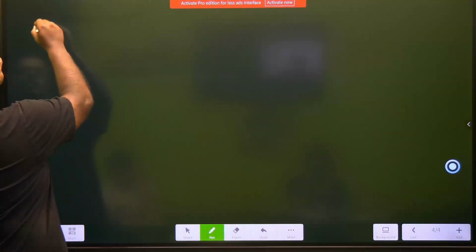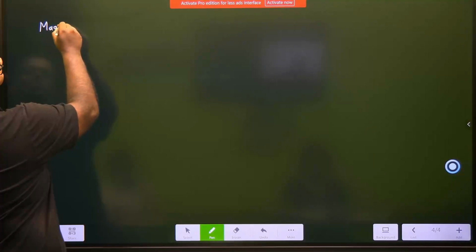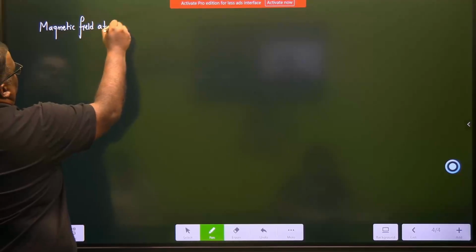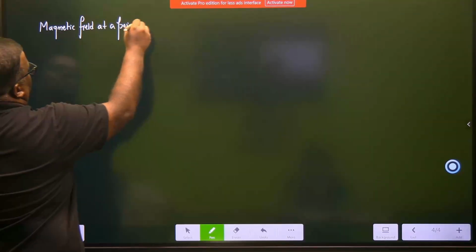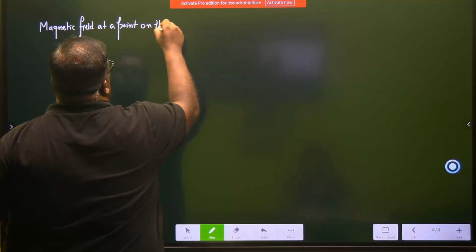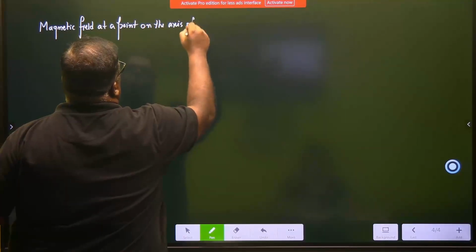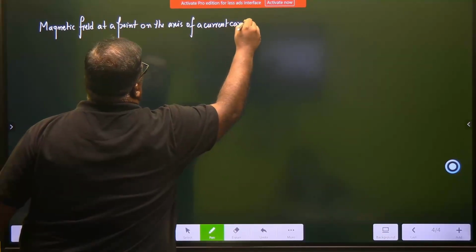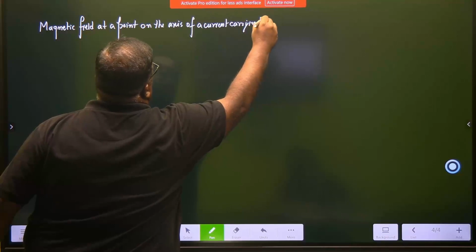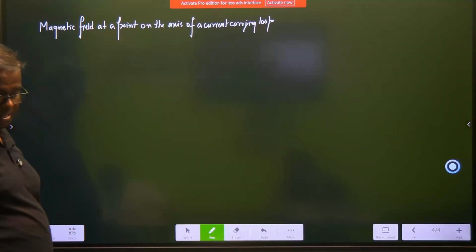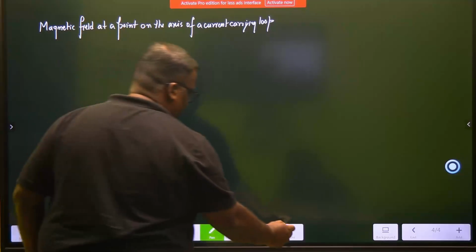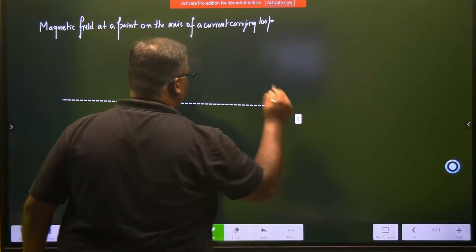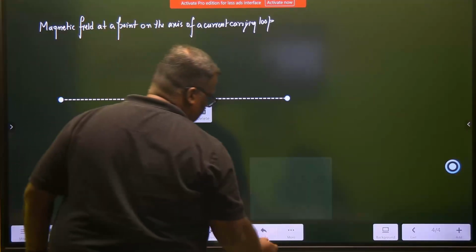Same like electric field. Magnetic field at a point on the axis of a current carrying loop. If you understand the diagram, the whole derivation also you will understand very clearly.